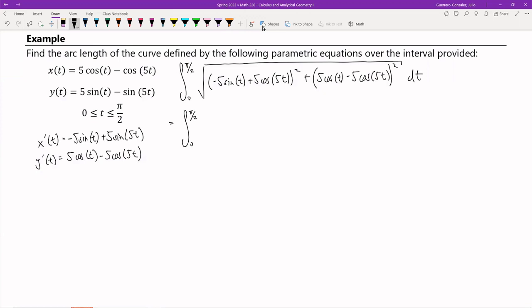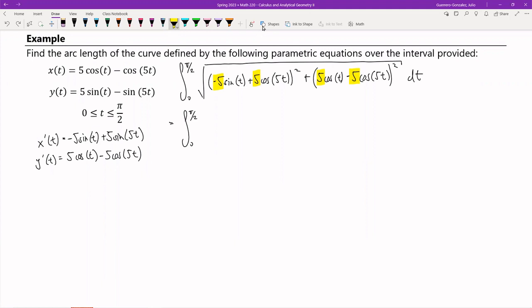Now, if you notice, everything's got a 5 in it, and all of those 5s are going to be squared. Each one of these two terms is going to have 5 squared up front, so I can pull out a 5 squared from each one.